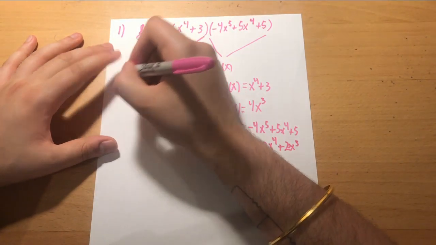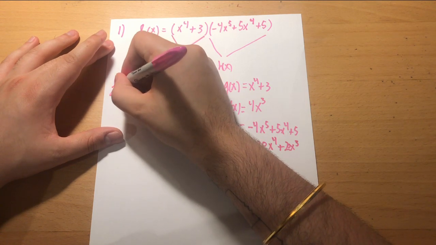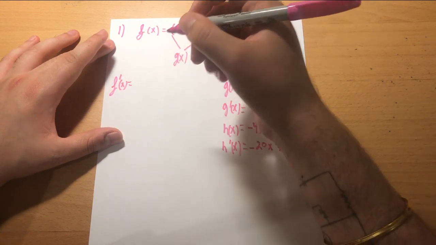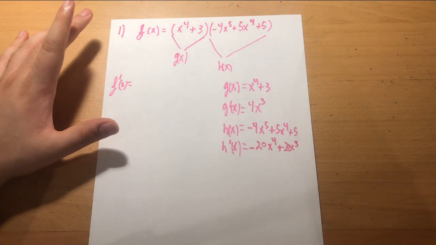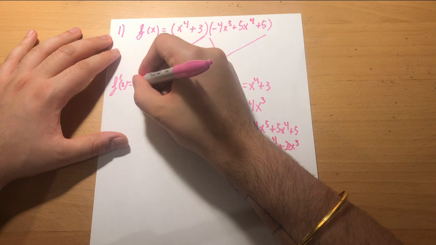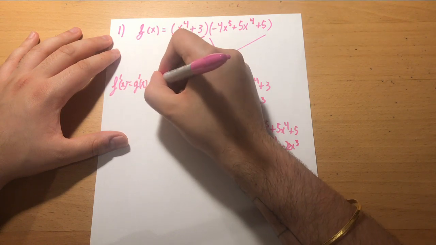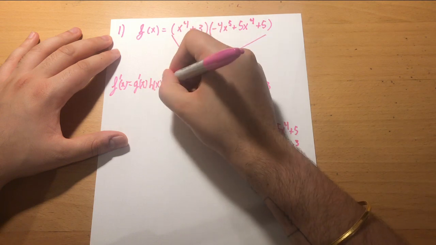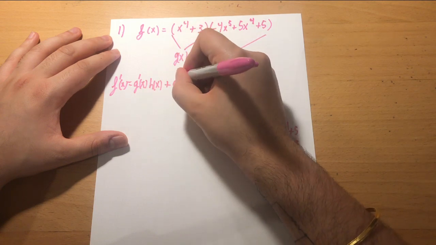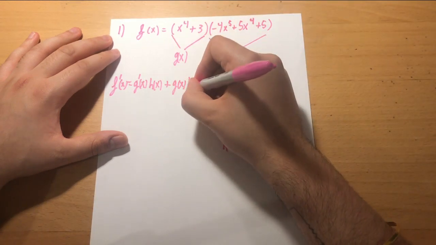So what is f prime of x? Well, if we split it up into two different functions using product rule, it should be the derivative of the first thing times the second thing plus the first thing times the derivative of the second thing.